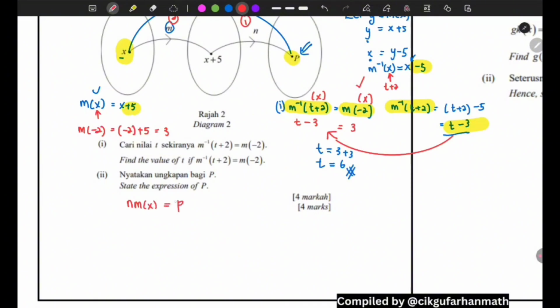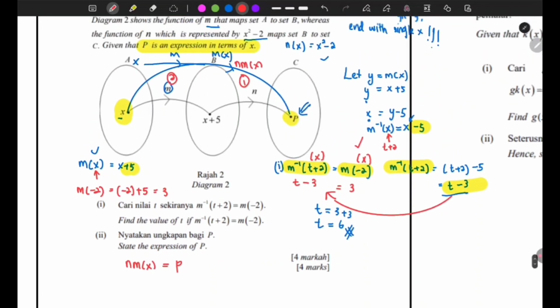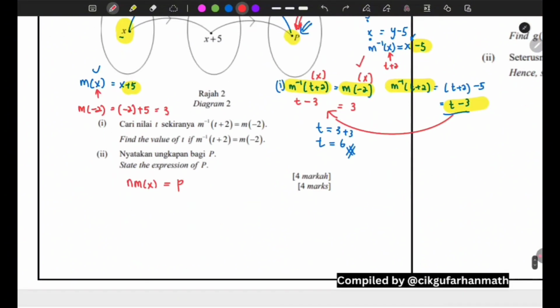This is actually p. nmx is actually representing the p, because you cross the n, you cross the m, and then you reach what? The p, right? So you need to find that. So expand the nmx.